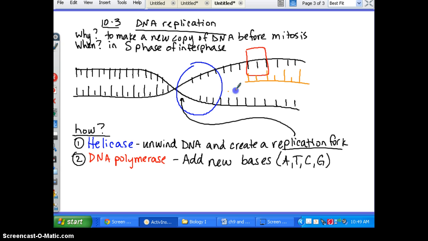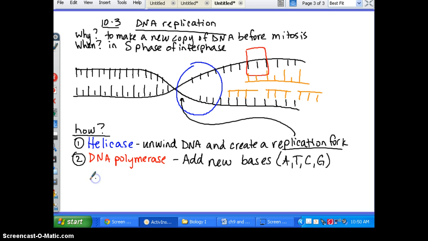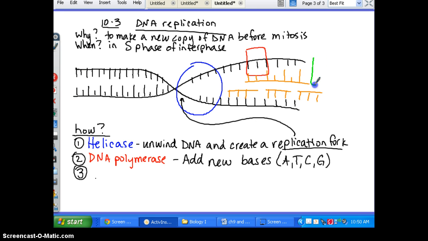On the other side, it's going to happen in fragments of sets of 3. And those are called Okazaki fragments, if you remember. We talked about that in the notes originally. So our step 3 is that we have another enzyme that comes in. I'll give that a different color here. I'll do green. And this other enzyme will occur on both sides of the strand.